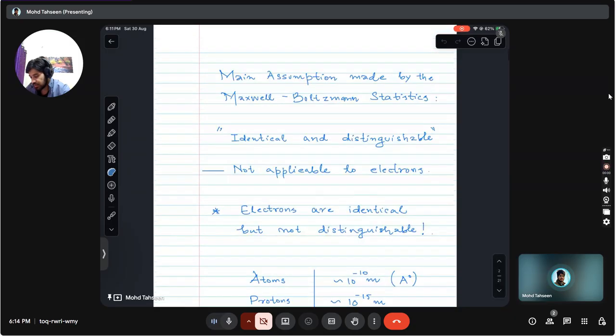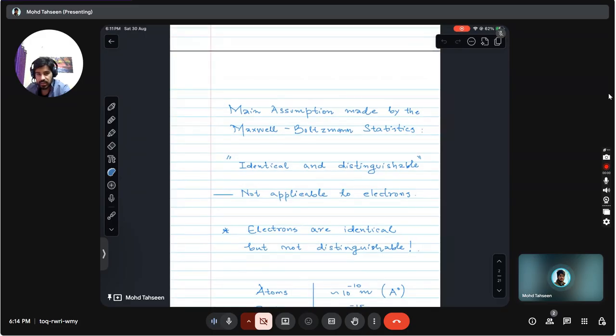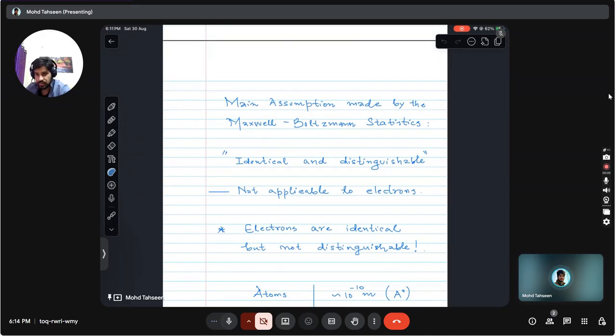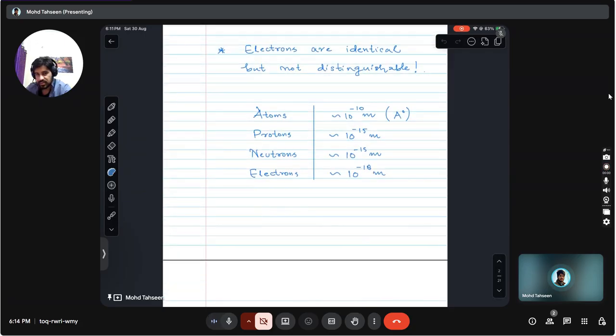For classical particles, Maxwell-Boltzmann statistics will predict the parameters correctly, but the electronic contribution to specific heat and the electronic conductivity come because of electrons. So the concerned species here are electrons, and the size of electrons is very small, as we can see.